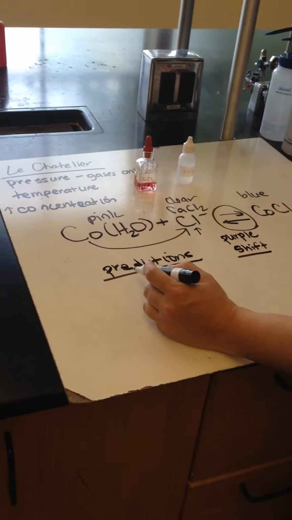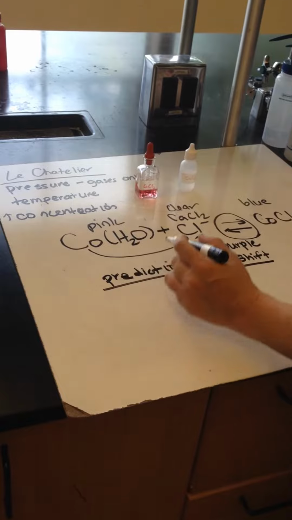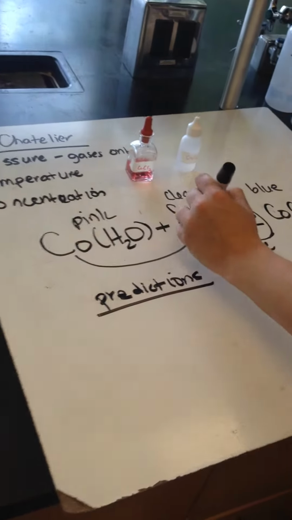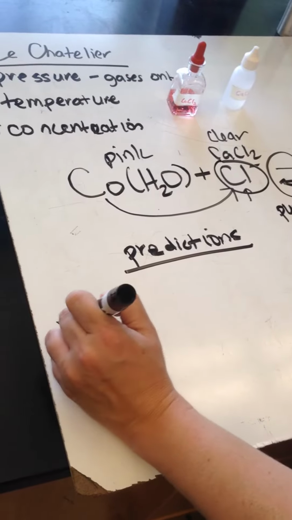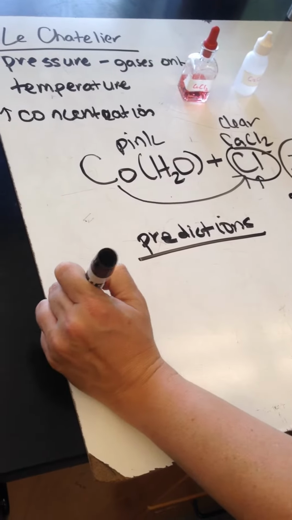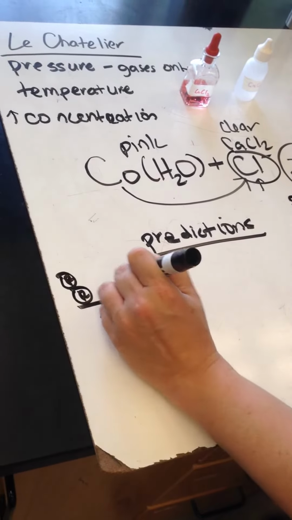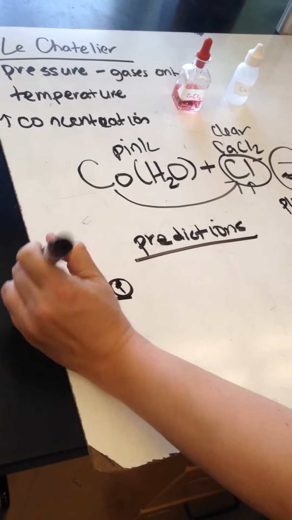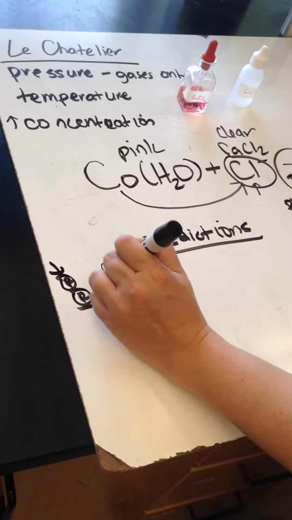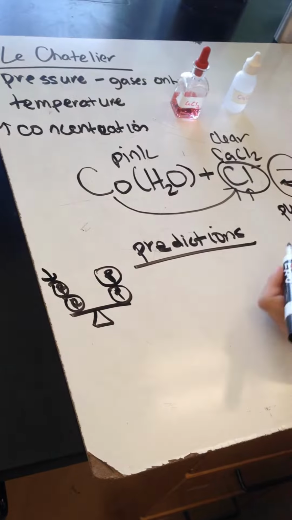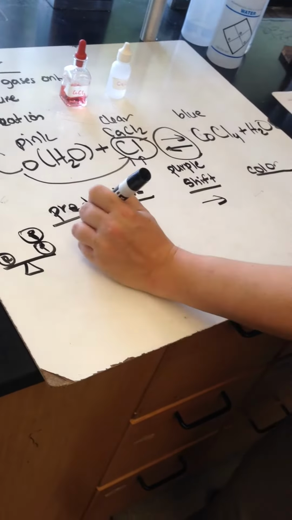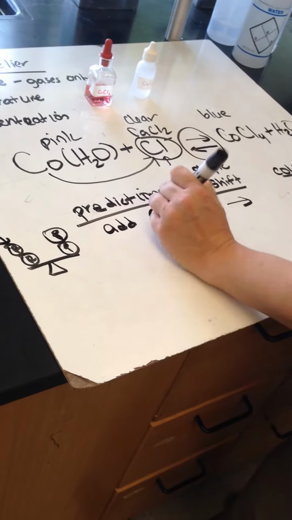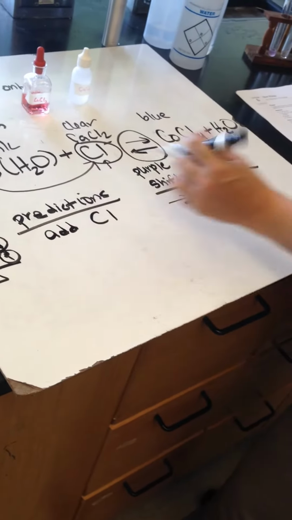All right, so if we add more chlorine, that is going to be like adding more reactant. So if we add more reactant, the system is going to try and make more product. So it should shift this way. So if we add Cl, we should see a color change.